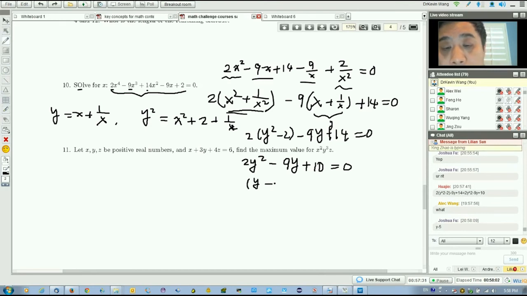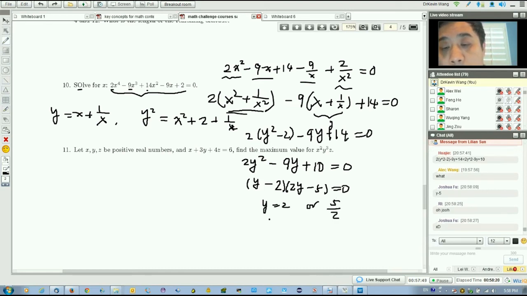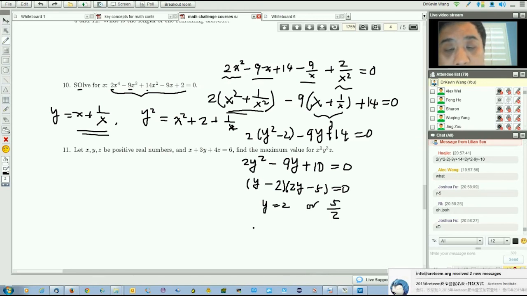So let's factor it. Is it y minus 5? y minus 2, I think. There's y minus 2, and 2y minus 5 equals 0. So y could be equal to 2 or 5 over 2.